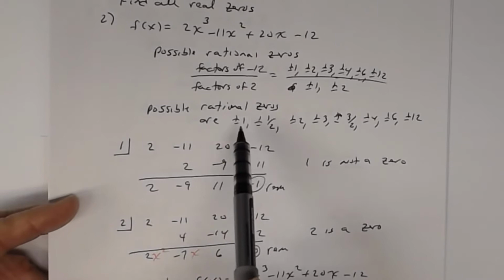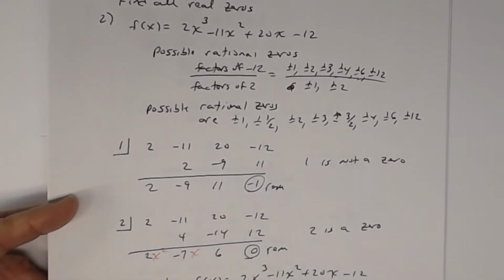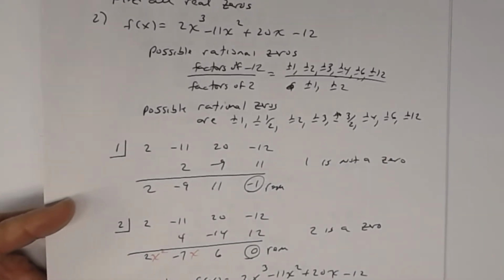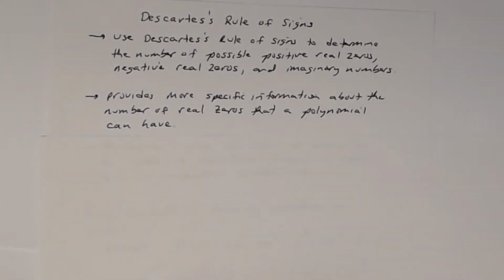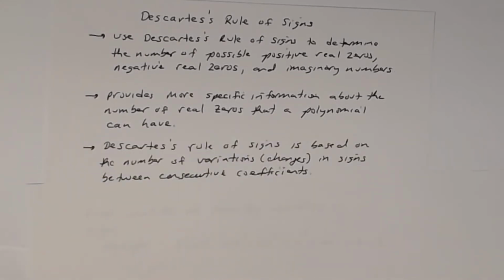So you would not even try any of these negative possibilities. All right, so it's a very interesting rule, but it is very helpful. Most of the time it is, not all the time, but most of the time it is helpful. Okay, now let's look at the next part.